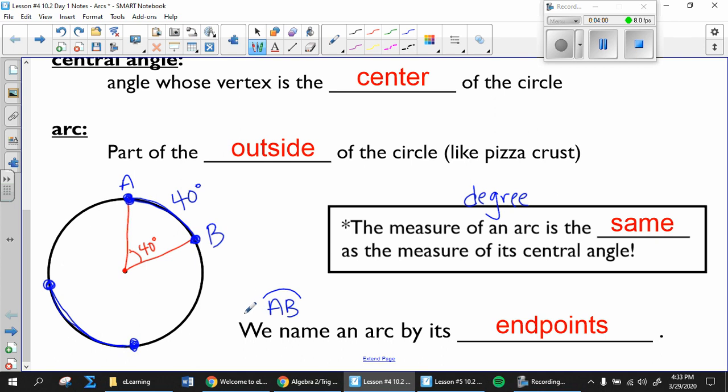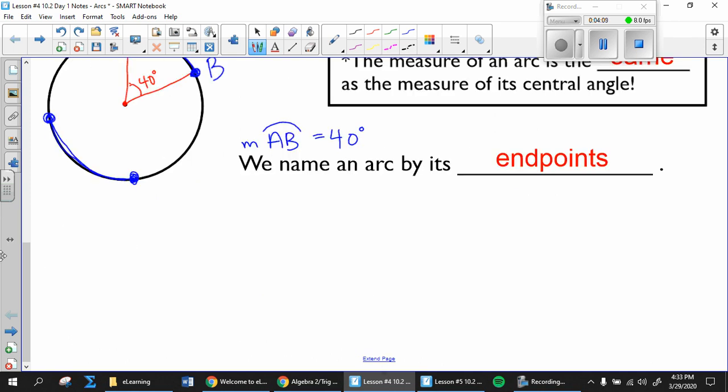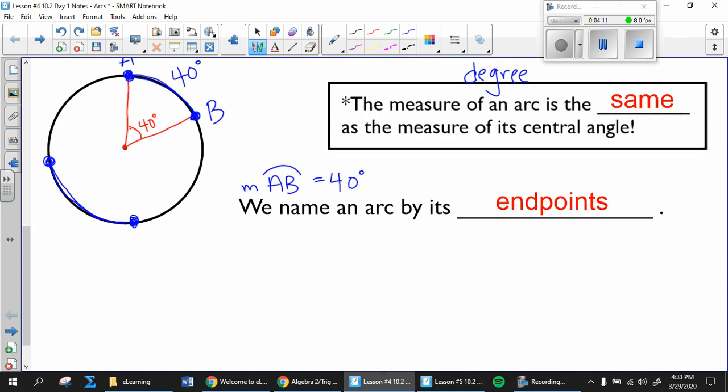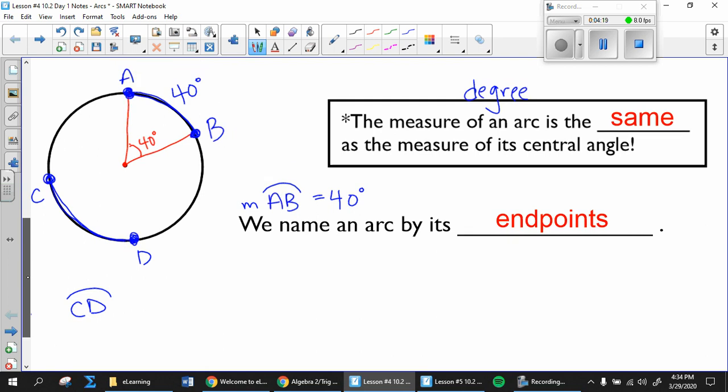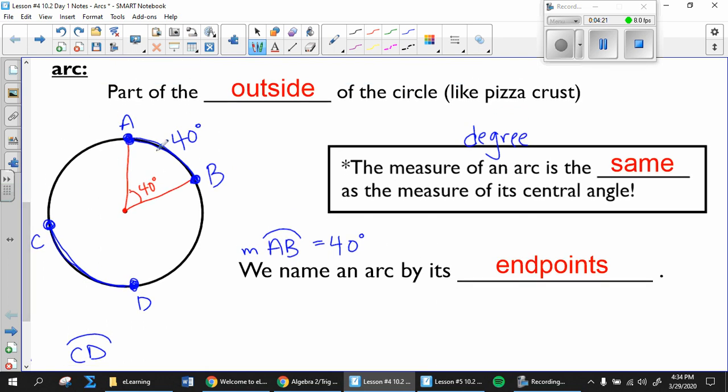What we would say is the measure of arc AB equals 40 degrees. If this arc had an endpoint at C and an endpoint at D, we would call that arc CD. We always name these arcs using their endpoints, wherever the endpoints might be.